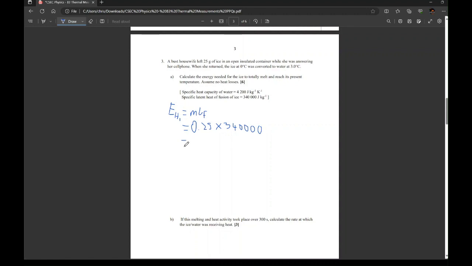Joules per kilogram multiplied by kilograms is supposed to give us joules. So let's just put this into the calculator. 0.25 times 340,000. Okay, so that's 85,000 joules, of course. It's energy.